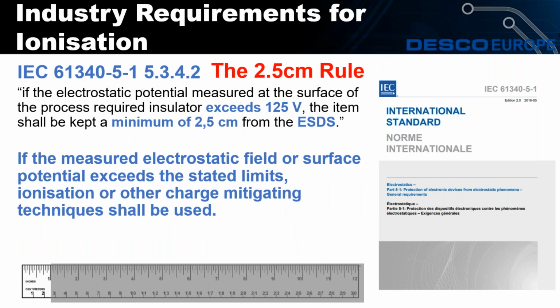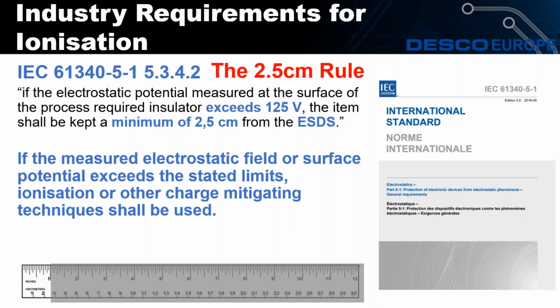And furthermore, the industry calls out the 2.5 centimeter rule. Again, if a process essential insulator comes within 2.5 centimeters of a static sensitive device and has a voltage in excess of 125 volts, then that charge will need to be neutralized.